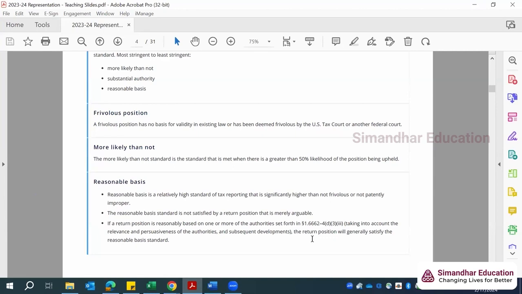Okay, so I can give you an example. And reasonable basis, all these standards are applicable for the tax practitioner, the person who is the tax return preparer, who's preparing the tax return. Now, one of the examples that I can give is that you are preparing the tax return for an individual.